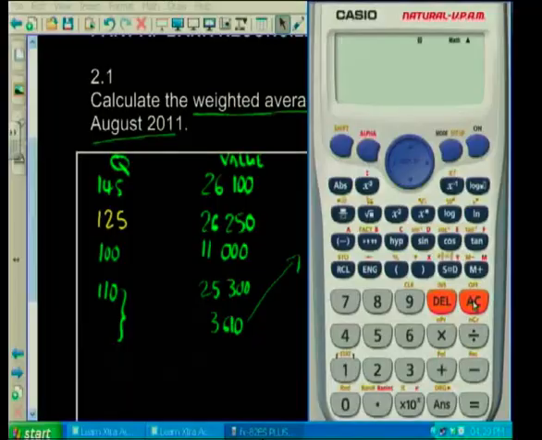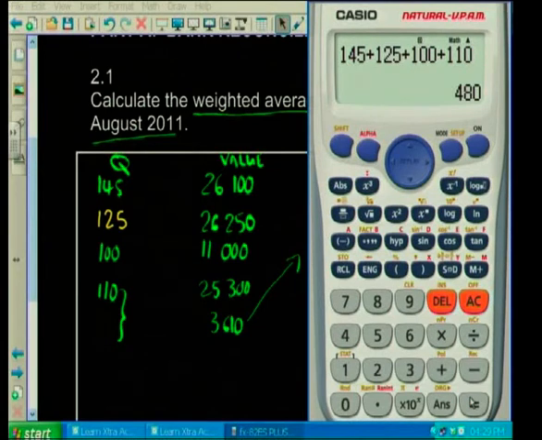Okay. What do I also have to do? What did I record here as well? What did I take into account? The number, the quantity. And let's look at my quantity now. It's 145 plus 125 plus 100 plus 110, and that's 480.